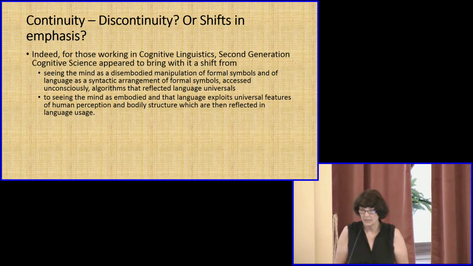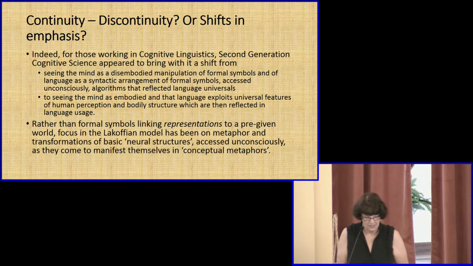Indeed, for those working in cognitive linguistics, second-generation cognitive science appeared to bring with it a shift from seeing the mind as a disembodied manipulation of formal symbols, and language as a syntactic arrangement of formal symbols accessed unconsciously by algorithms that reflected language universals, to seeing the mind as embodied, and language as exploiting universal features of human perception and bodily structure, which are then reflected in language usage.